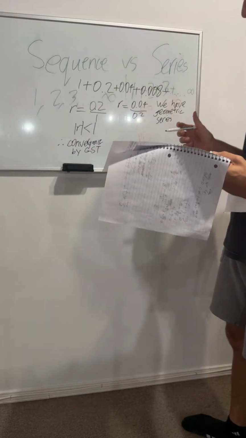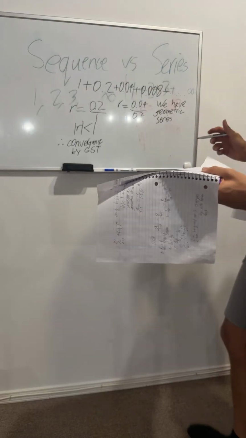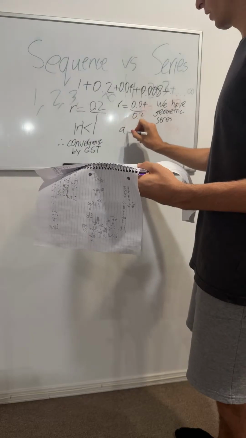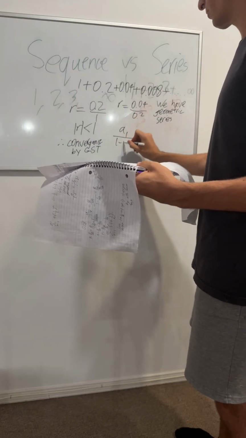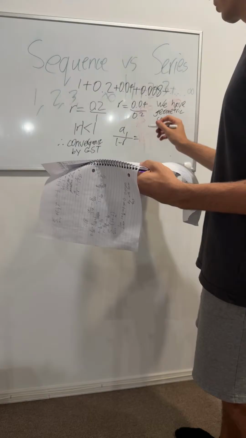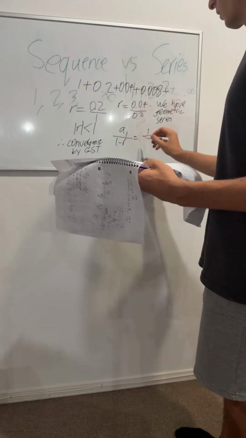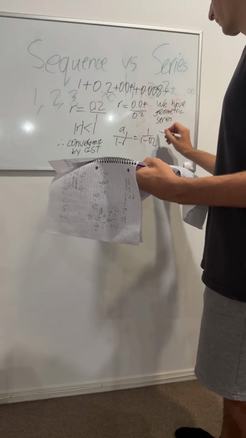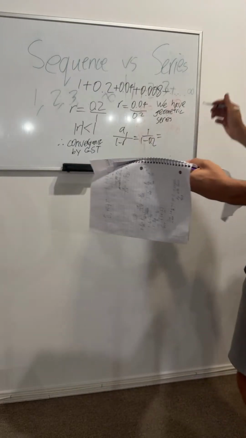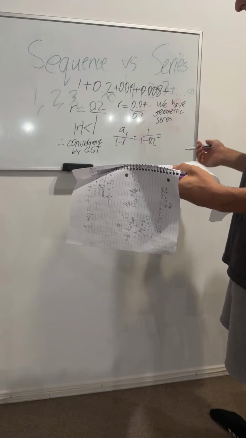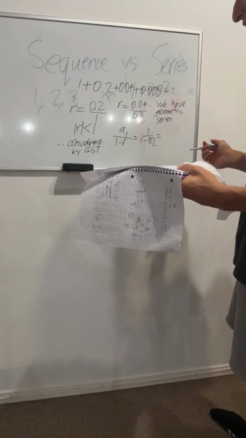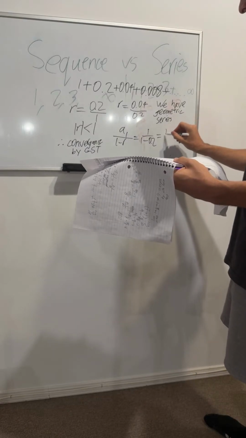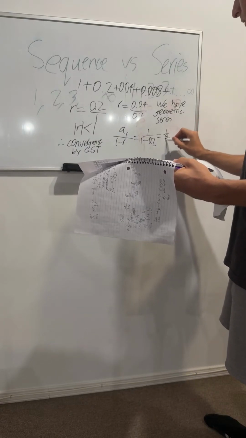What next? Well, next we have to find the sum if possible. And how do we do that? Well, remember, it was A1 over 1 minus r. Okay, A1, that's 1. Nice. 1 minus, what's r? 0.2. Well, what's 1 over 0.8? 1 over 0.8 is the same thing as 1 over 8 over 10, right?